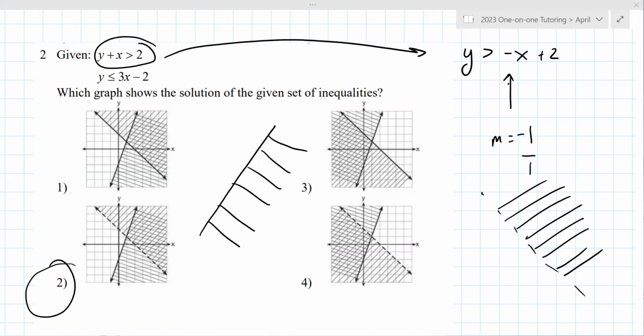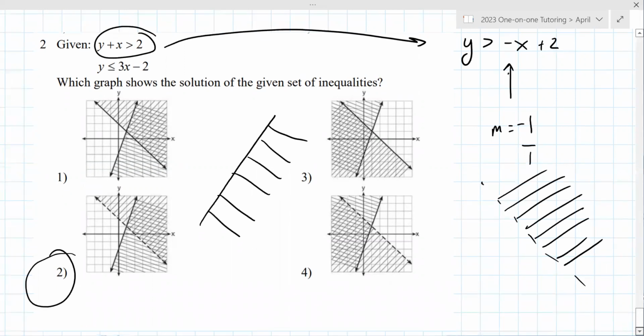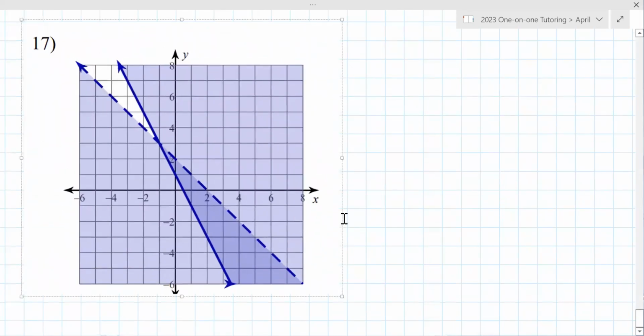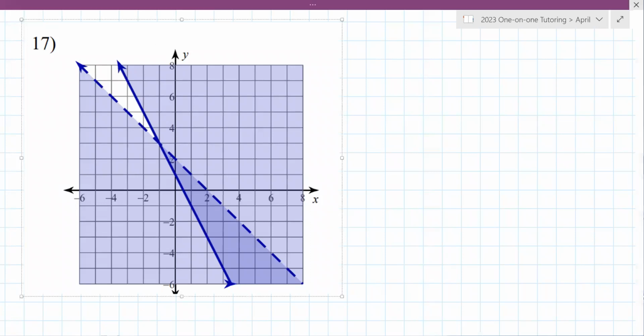I guess I'll just throw it at you. I could, for example, give you the graph, and then you have to write the system of inequalities. Oh shoot, that'd be hard. I don't think you will get something like that. Yeah, I haven't seen anything like that.